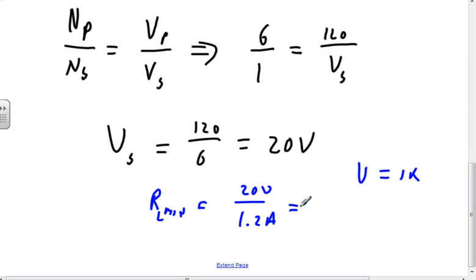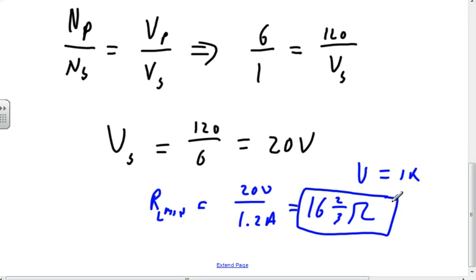And at that point, we'd bring out our calculator. 20 divided by 1.2, 16 2/3 ohms. So that's the minimum allowable resistance to have a 20% safety margin on the fuse blowing.